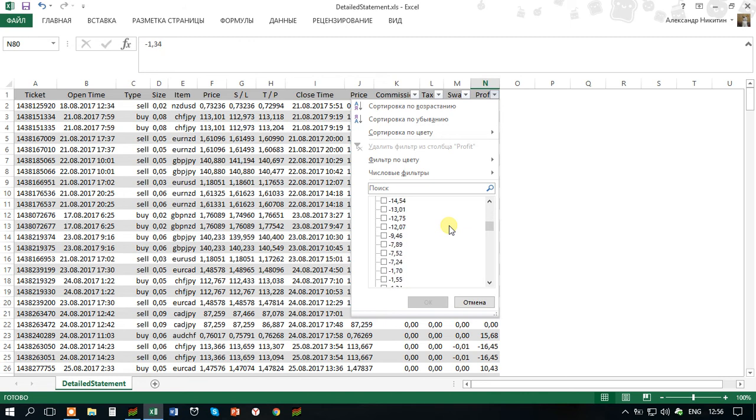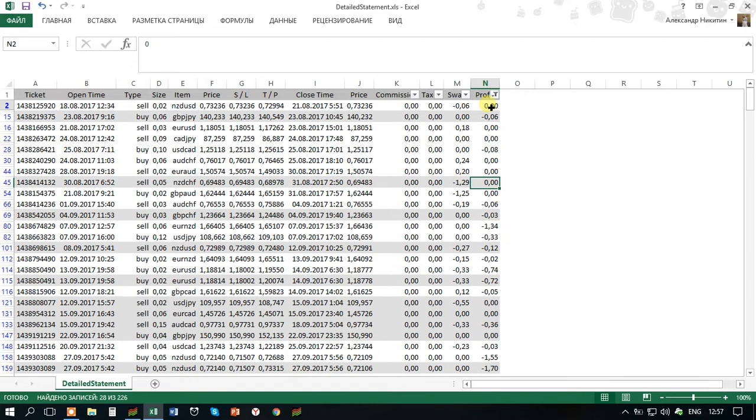I will turn all those slightly negative results to zero. I'm not interested in those cents. Maybe I will change my overall performance by $2 or $3. That's not the case here, but I'm interested in maybe something like this, slightly positive.